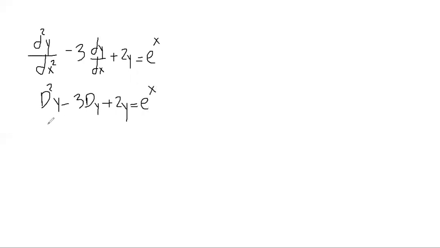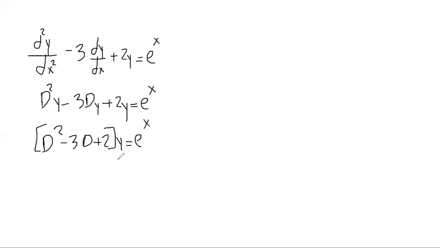We're going to take out the d, so this is just going to be d squared minus 3d plus 2. We have a y on the outside, and this is going to be equal to e to the x.